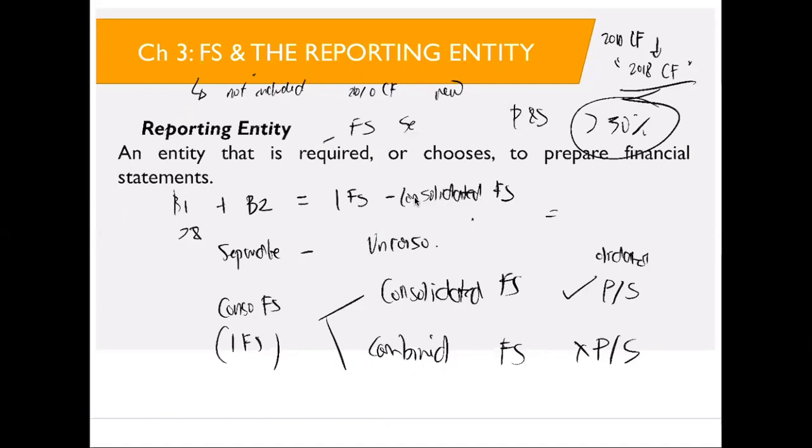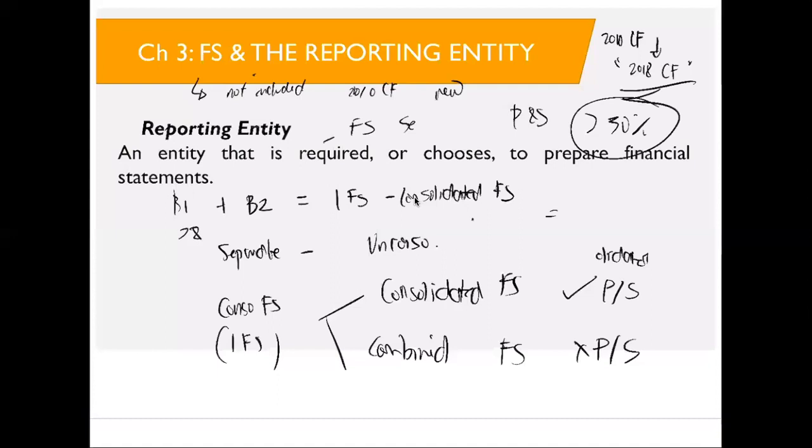So in Chapter 3, this is a new chapter under your 2018 Conceptual Framework. We have here a reporting entity, which is an entity that produces financial statements, of course in consonance with your PFRSs. Now, there are three financial statements presented under Chapter 3.